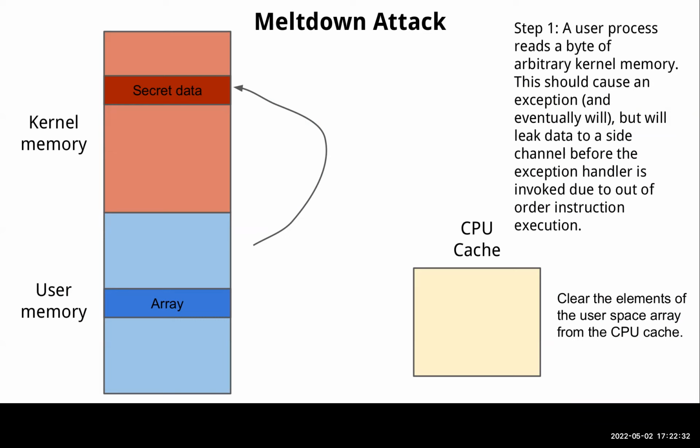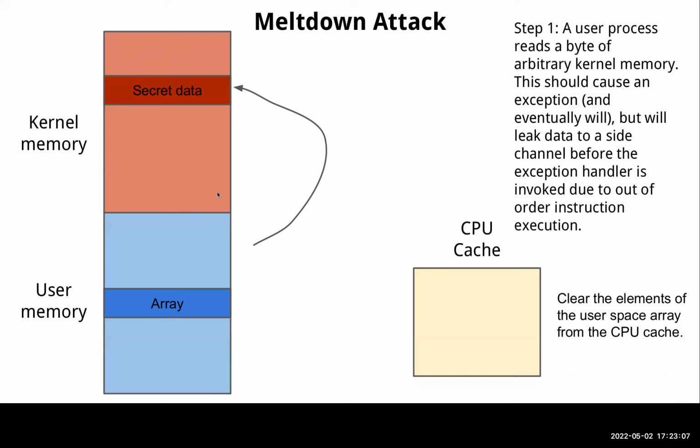So let's see how the Meltdown attack works. In Meltdown, our scenario is a modern operating system like Linux, and this is the address space of a Linux process. The process will have its user memory, and they also map the kernel memory for performance reasons, but it will not be able to access that.